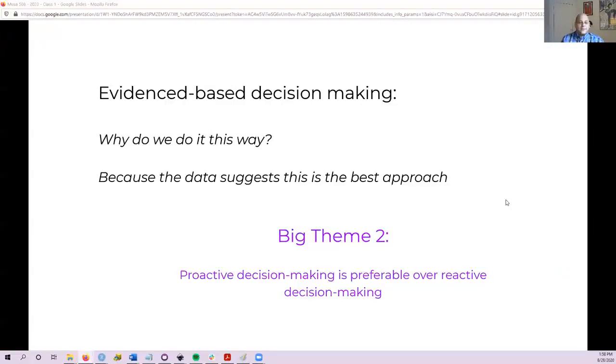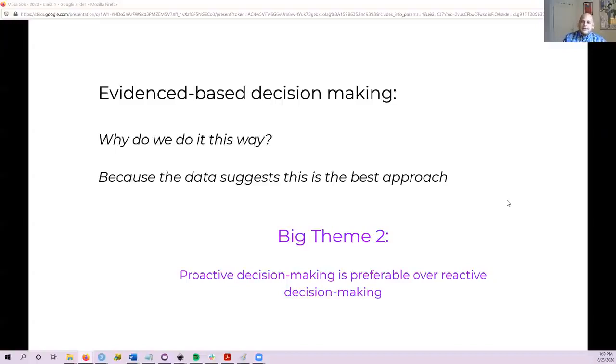So reactive decision-making is, wow, COVID seems to be killing a lot of people, but hopefully it'll get better, and we'll just keep doing what we're doing, or we'll slowly try to make some improvements. Proactive decision-making is, no, I can see this hotspot emerging right here. At this time, I need to pivot my plan to get resources there right now.